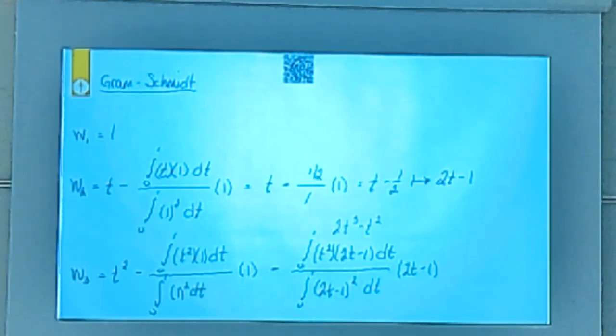Now we need to integrate (2t minus 1) squared. Probably the easiest is not to expand it and use u-substitution. U is 2t minus 1, that means du is 2 dt. Multiply your answer by a half. So let's first do 1/3 (2t minus 1) cubed from 0 to 1. At 1, you get 1.